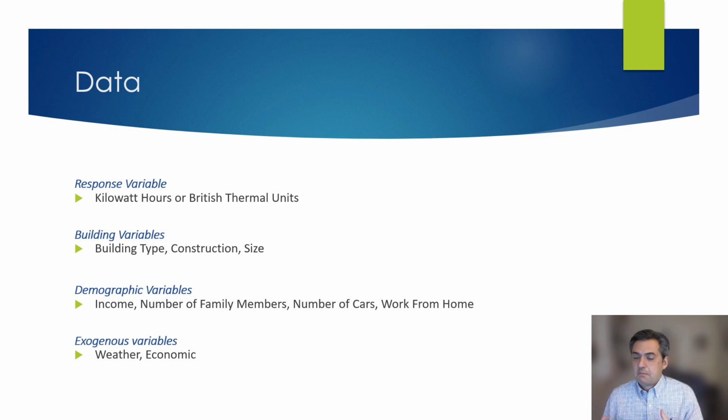Some of this data may not seem like it directly affects how much electricity is consumed, but it could be a proxy variable for something else. And then there are exogenous variables such as weather or economic data. For example, in colder months you're going to see people use more electricity, and in better economic times you might see people also consume more electricity as they have more disposable income.